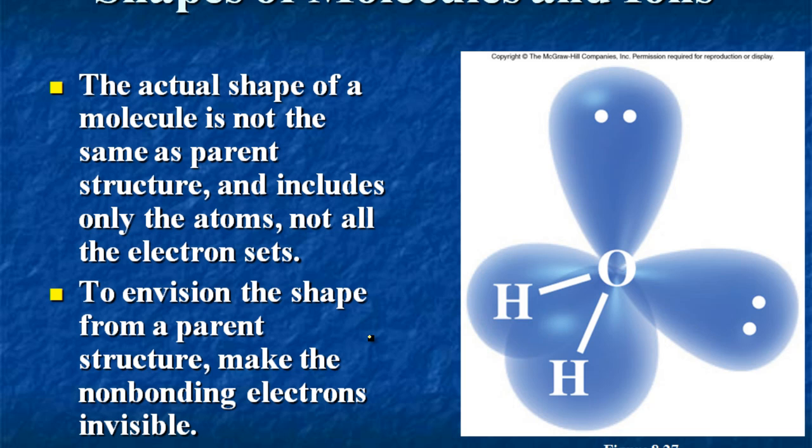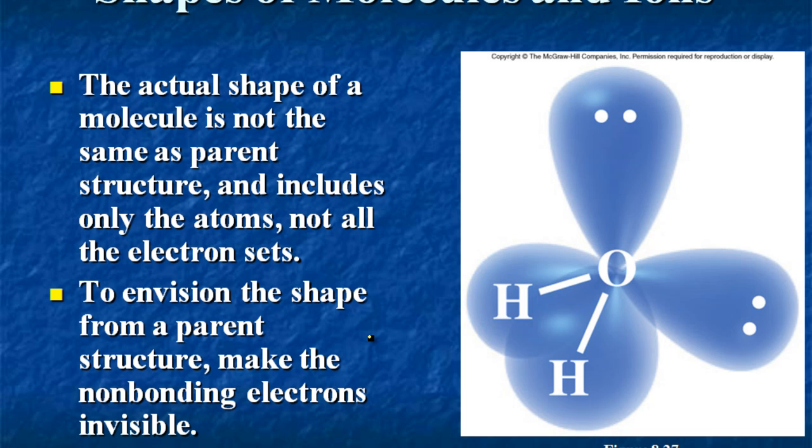So how do you determine the actual shape? First you determine the parent structure, and from the parent structure just eliminate your lone pairs and see what we come up with. That determines the actual structure of the molecule. Don't worry, I'll take you through it.